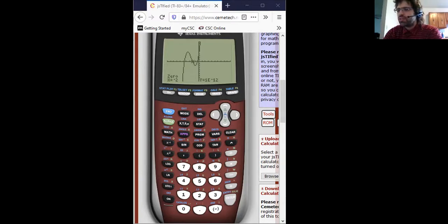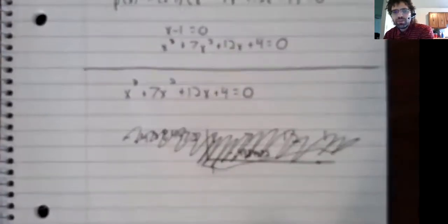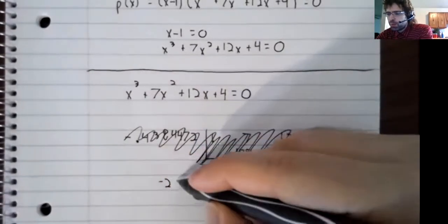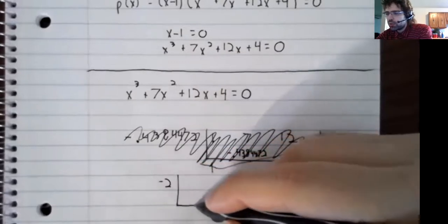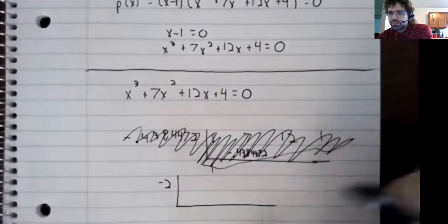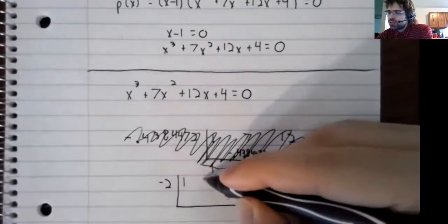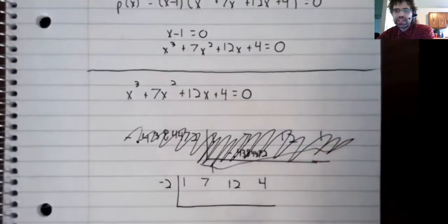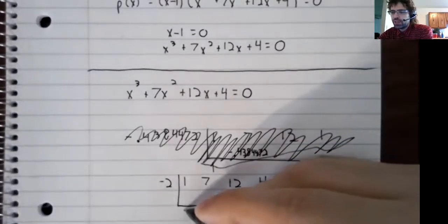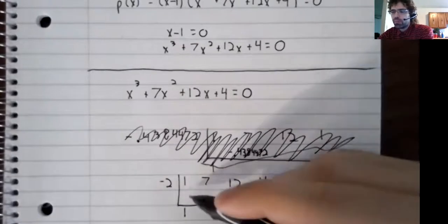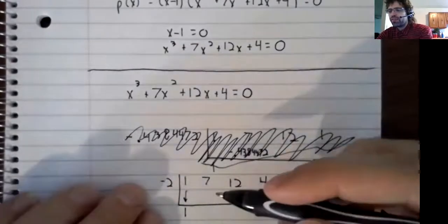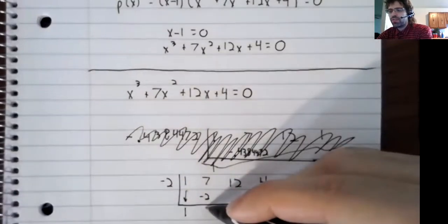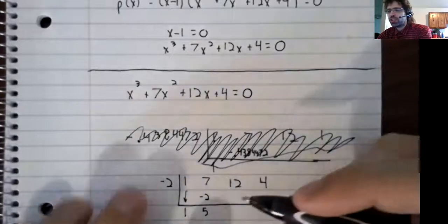So let's get back here, and instead of that abominable decimal, let's use -2. The 1 drops down. After that, it's multiplication followed by addition.